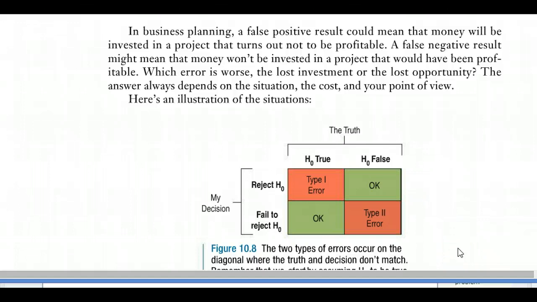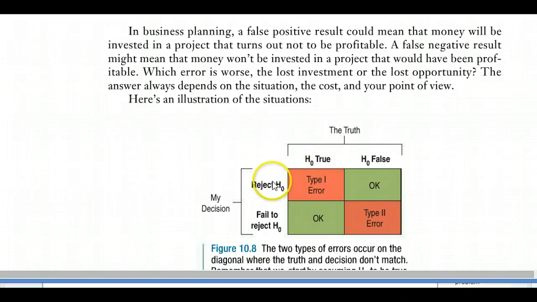So what we're saying is that in these two cases, the null hypothesis is false and it was rejected. That's okay. Null hypothesis is true and we fail to reject it, which means no error was made. The errors are made in this situation where the null hypothesis is true but it's rejected.